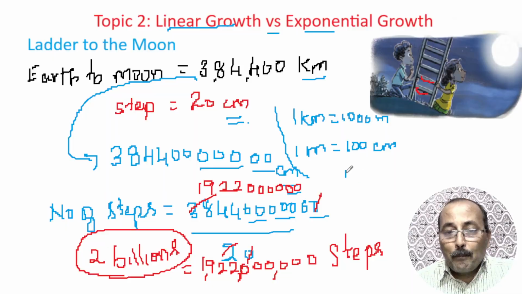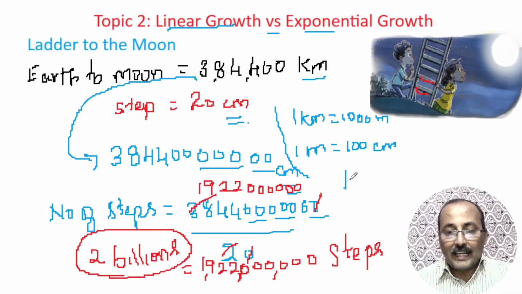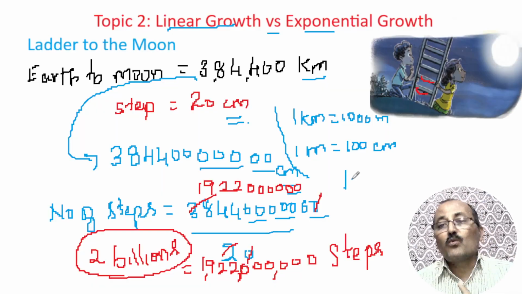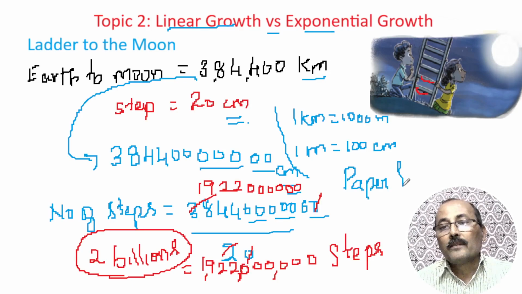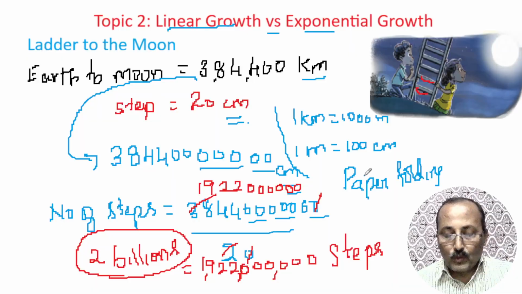So that paper folding is called exponential growth. Please watch that video to understand what is meant by exponential growth. Paper folding concept we used in the first video. Those who didn't watch, please watch that video.